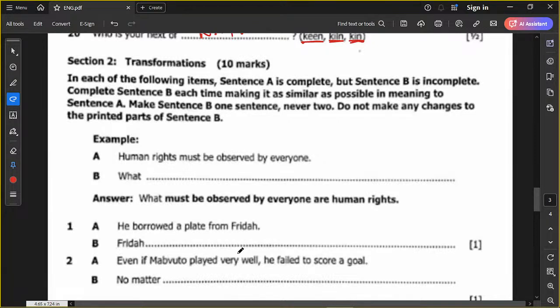Okay, we were looking for a grade 12 English paper to solve. We found this paper on ECZ past papers, and it's written 2024.